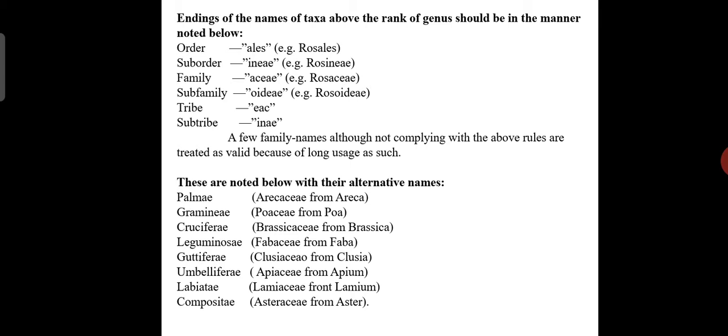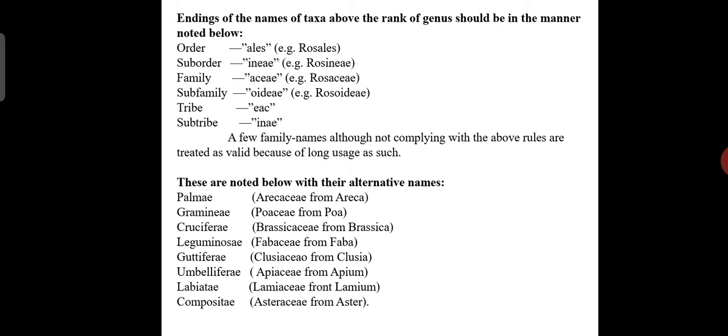Gramineae, that is Poaceae, from Poa. Cruciferae is nothing but Brassicaceae, from Brassica. Leguminosae, that is Fabaceae, from Faba. Guttiferae, that is Clusiaceae, from Clusia.